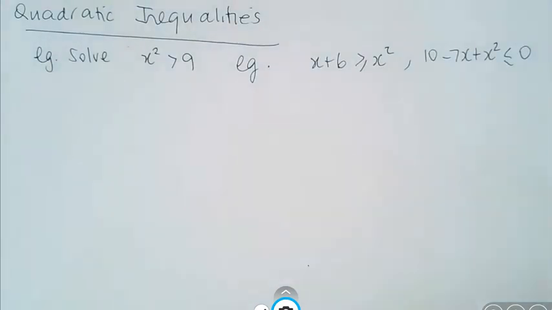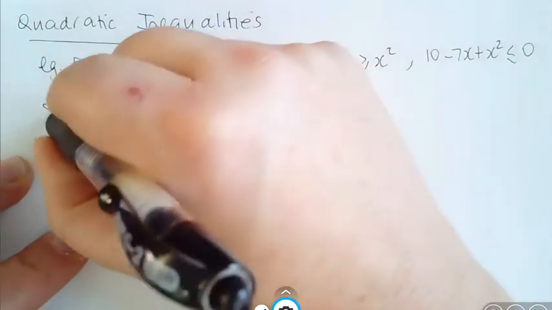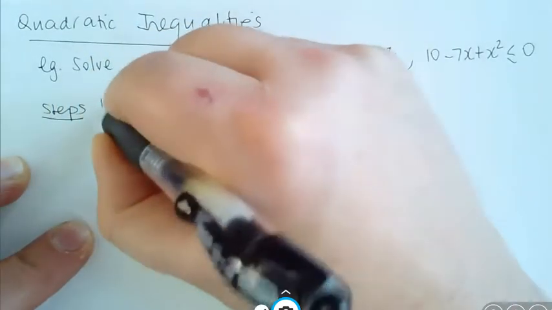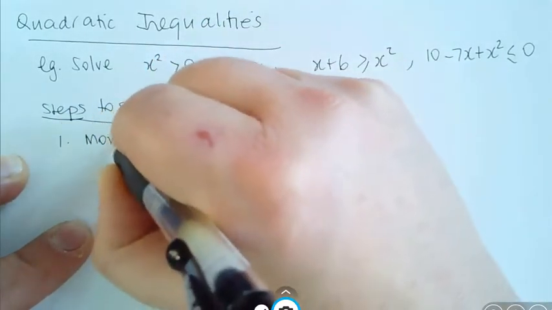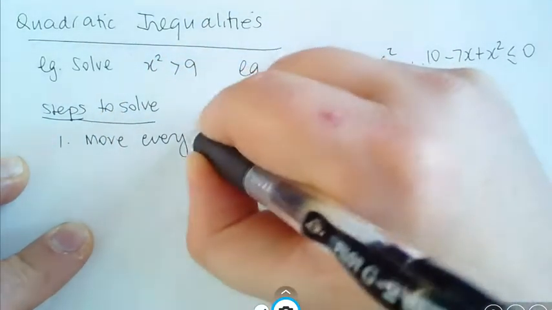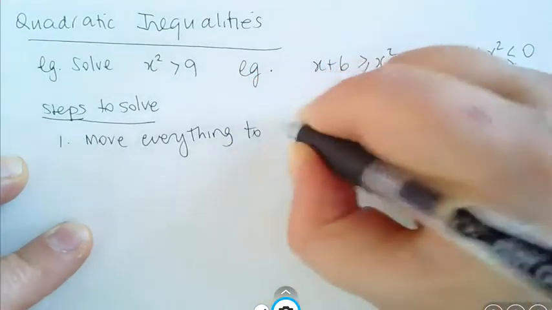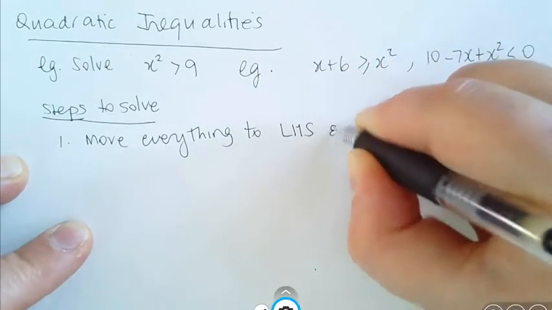Right, to solve those, these are the steps. Steps to solve. You must move everything to the left-hand side and factorize.